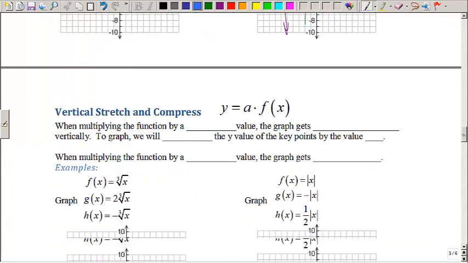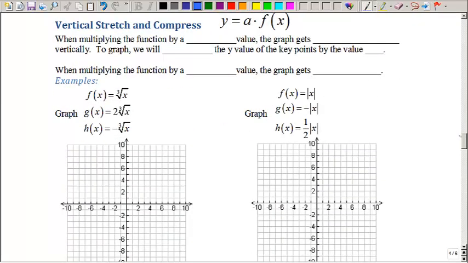Our final transformation is vertical stretch and compress, and we'll also be talking about reflections in this as well. Notice in this case I have y equals a times f of x. So in this case I'm being multiplied. In the vertical and the horizontal shifting I was adding or subtracting to either the x or the f of x.